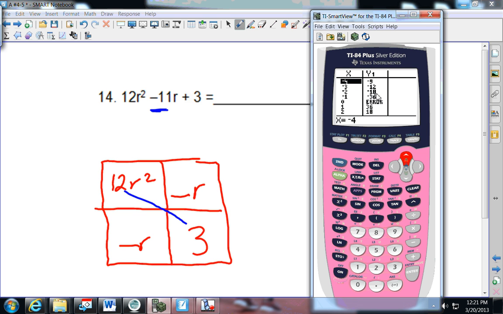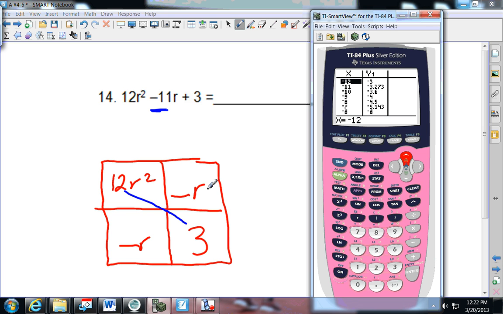That gives me negative 13. Right here, that gives me negative 12. Negative 13. Negative 15. I'm going back up.